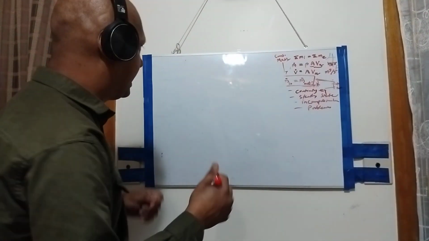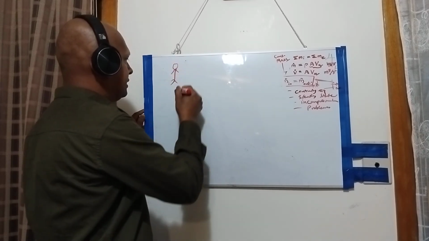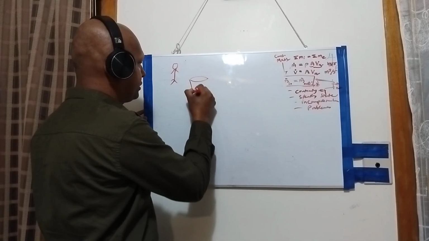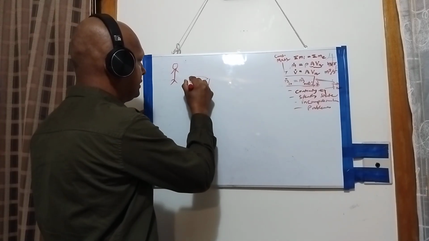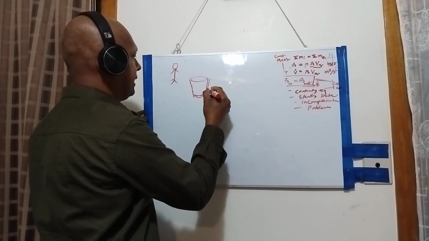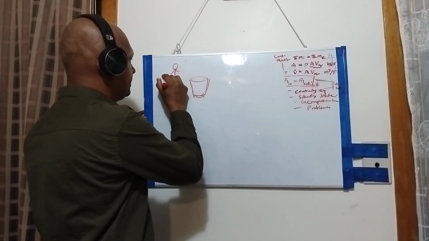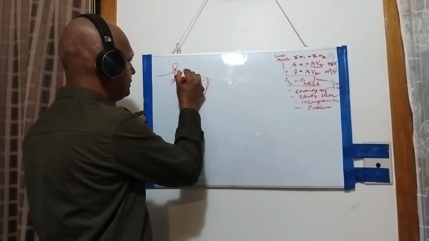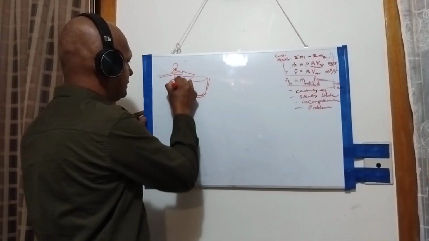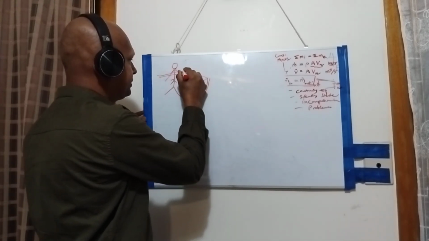So let's say there's a man who fills a water bucket. The water bucket is filled by a hose. So he has a hose. That's the man, and he has this hose.